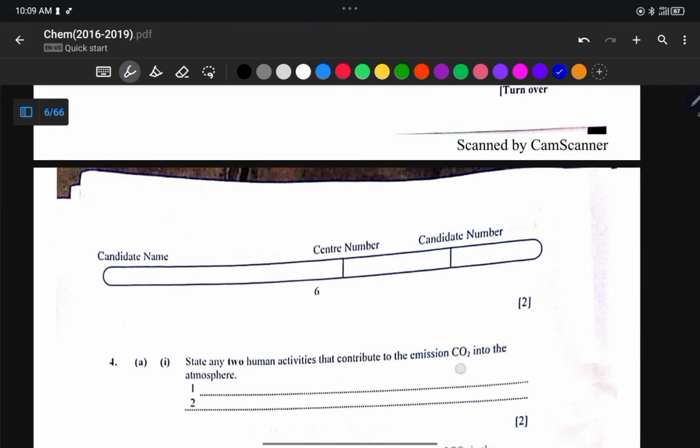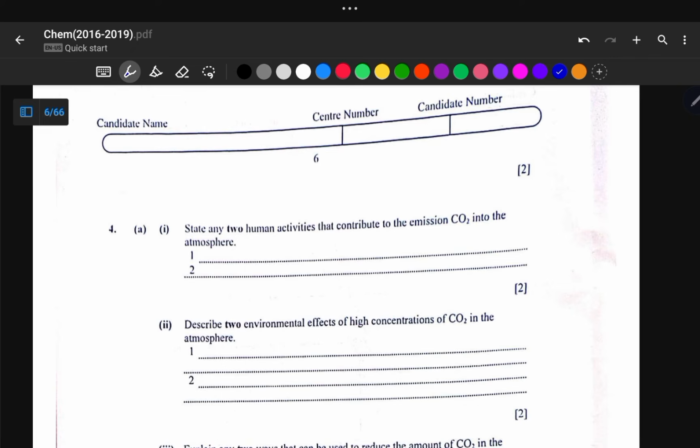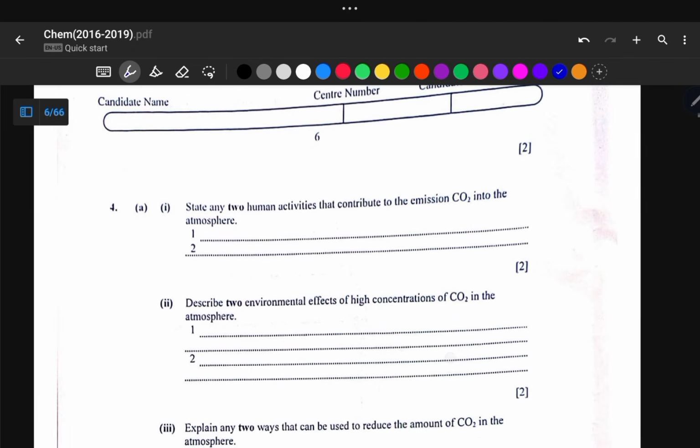So we're now moving on to number 4. State any 2 human activities that contribute to emission of carbon dioxide into the atmosphere. So we have deforestation, which increases the concentration of carbon dioxide, since carbon dioxide is one of the raw materials used in photosynthesis.